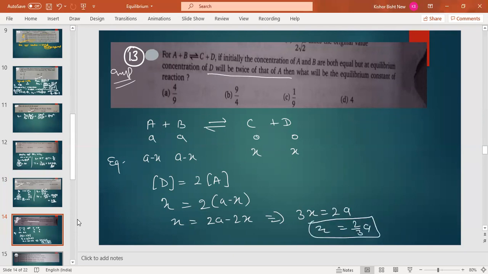Now you are going to find out the equilibrium constant.